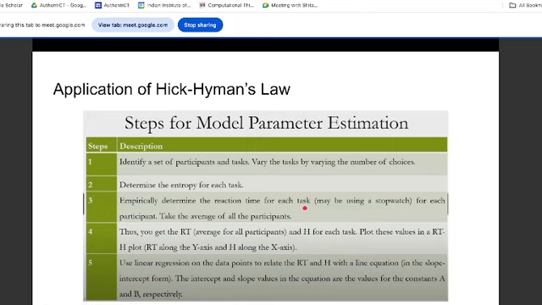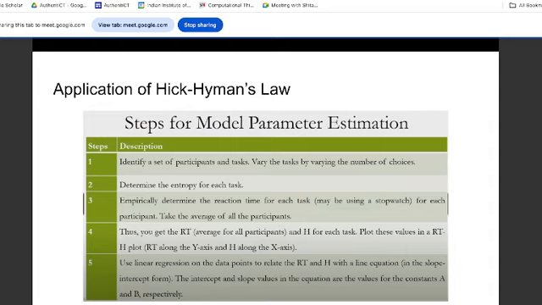So you can empirically, by experiment, determine the reaction time for each task, maybe using some stopwatch or system recording timing logs for each participant, and take an average of all the participants. So what was the reaction time for each increasing entropy task for each participant?